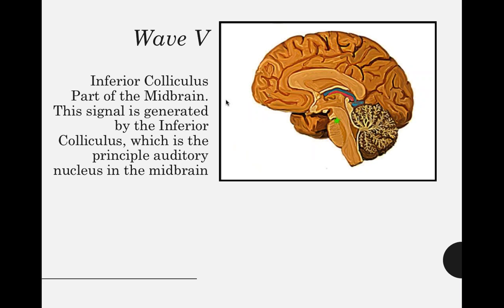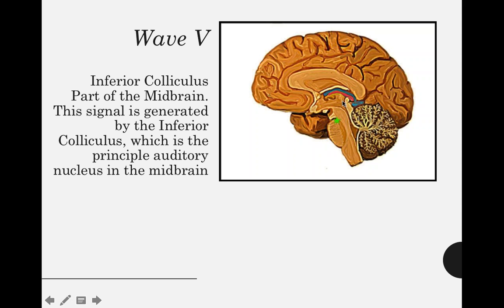And then lastly, wave 5, the inferior colliculus at the rostral pons, the superior pons, the highest, the tallest part of the pons, closest to the top of the head, the inferior colliculus. This is no longer the pons, it is actually the midbrain, and the inferior colliculus is the principal auditory nucleus of the midbrain.